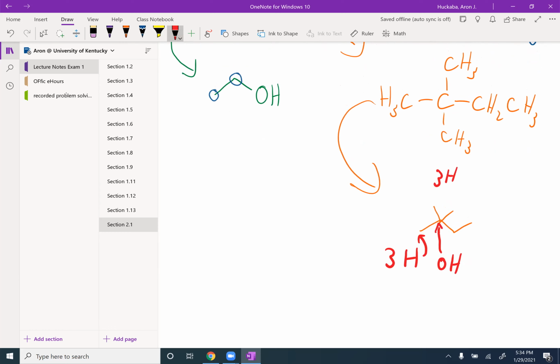Both of these have 3 hydrogens. This one has 2 hydrogens, and this one has 3 hydrogens. This information is intrinsic, meaning that the representation dictates that the information is there, but it is something that is not shown to you. You have to remember that it is present.